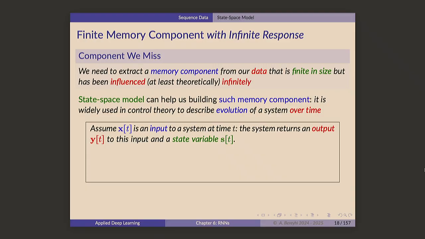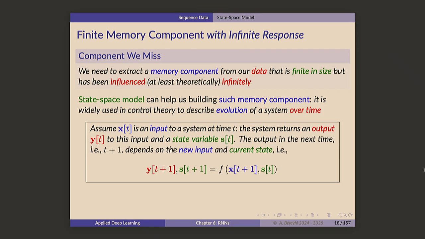In addition to the input xt going to your system and the output yt coming out of the system, we have one extra variable which is called state, right? And that state is getting updated every single time. So every time a new input goes in, that new input, along with the current state of your system, is going to decide the output of your system and the next state.